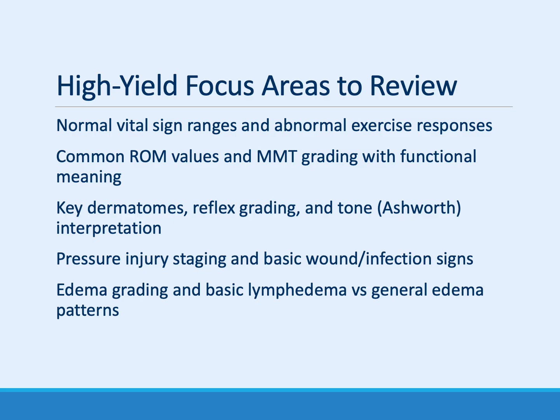So normal vital sign ranges and abnormal exercise responses, common range of motion values and manual muscle testing grading with functional meaning, our key dermatomes, reflex grading, and tone interpretation, so using that modified Ashworth scale, pressure injury staging and basic wound infection signs, and edema grading and basic lymphedema versus general edema patterns, so that you can recognize between the two. I covered all of them in here, and so if you review this a couple of times and you go through the study guide that I provided you, you should be good.